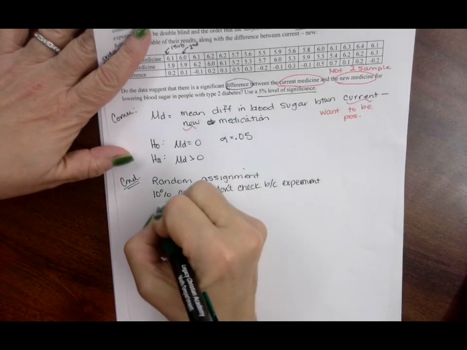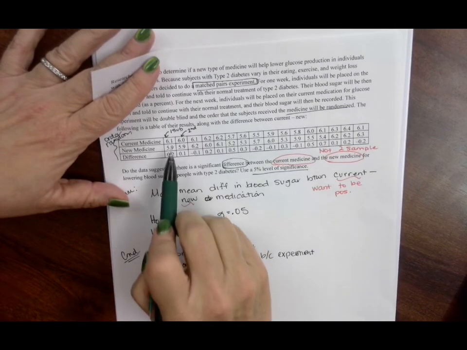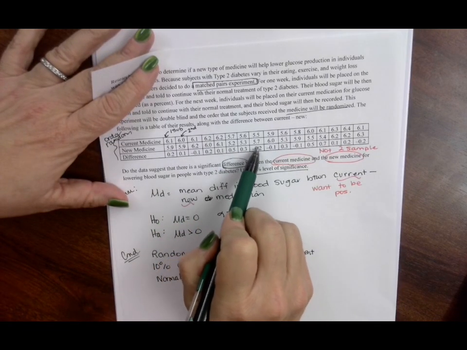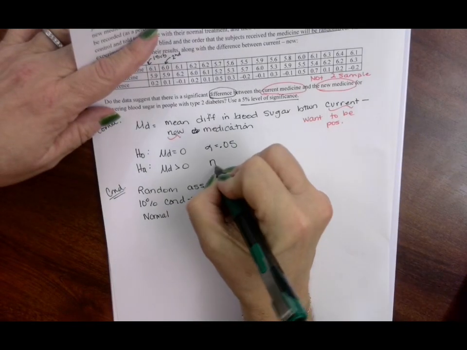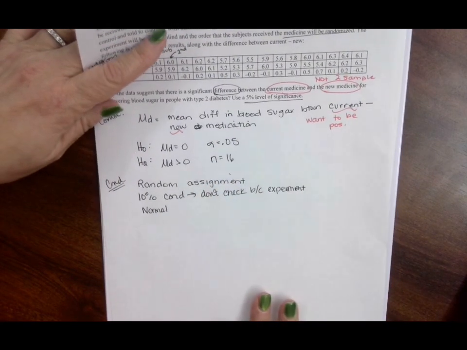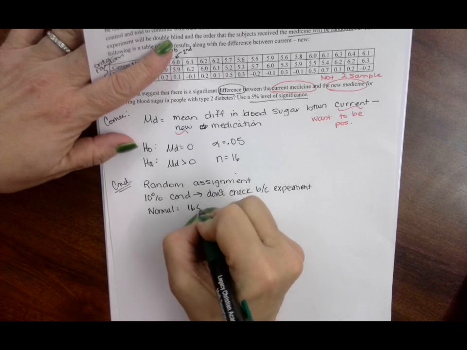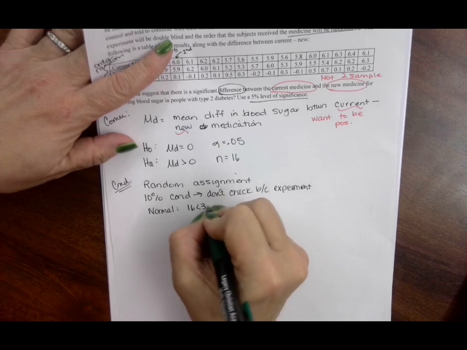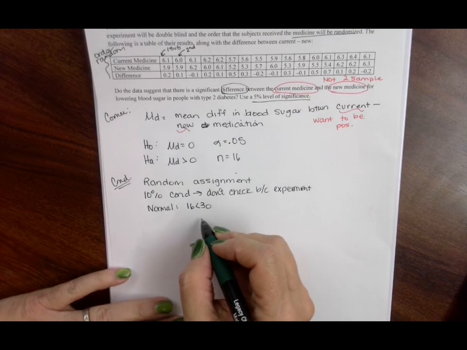Then I'm going to look at my normal condition. I have 1, 2, 3, 4, 5, 6, 7, 8, 9, 10, 11, 12, 13, 14, 15, 16. I'm going to say n equals 16. So for my normal condition, 16 is less than 30. Because 16 is less than 30, I have to graph the difference.